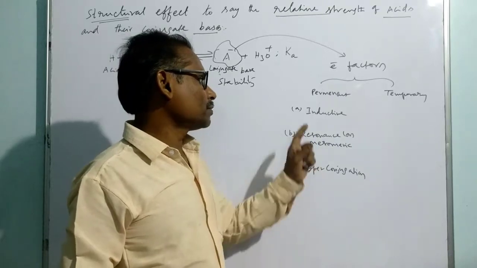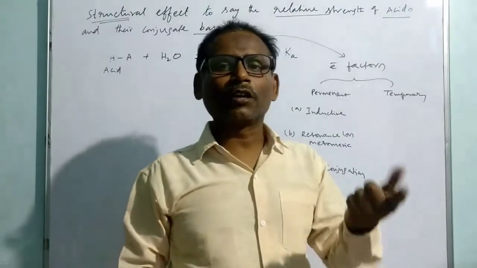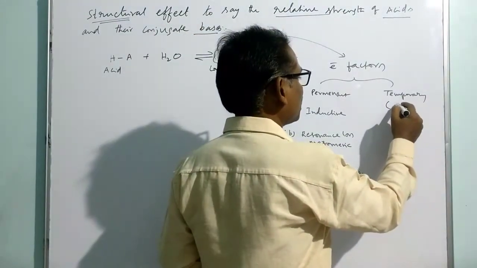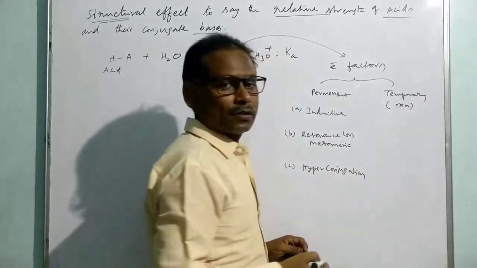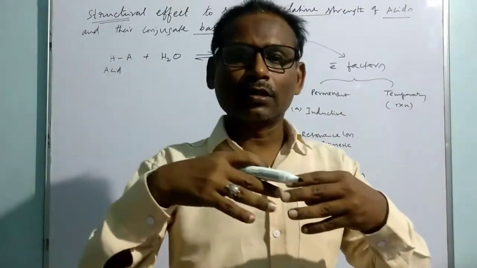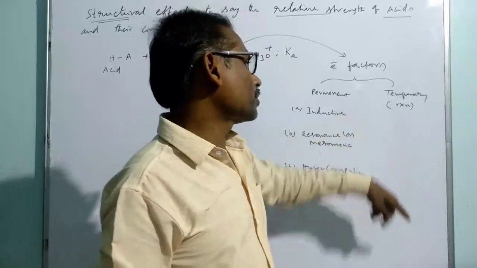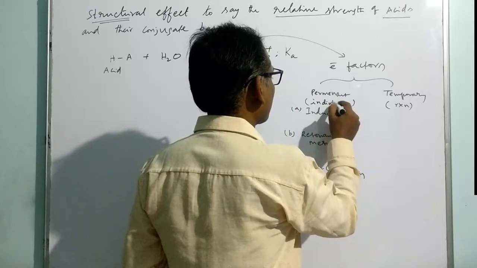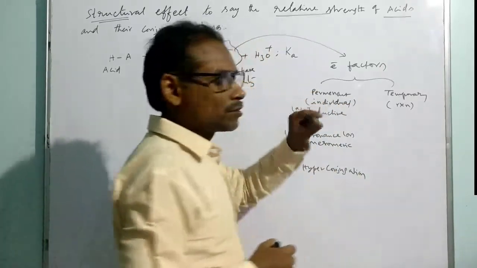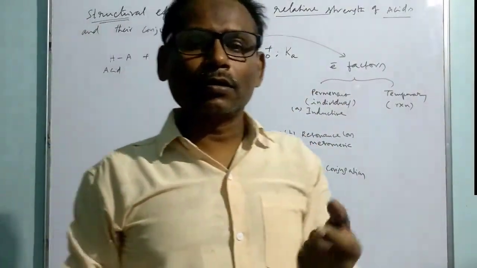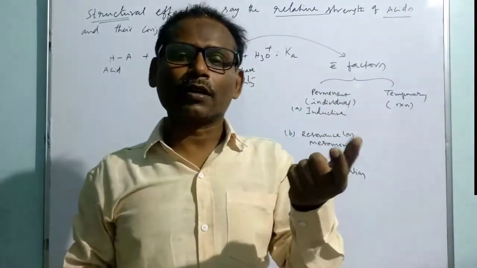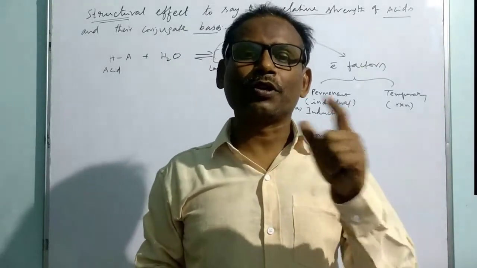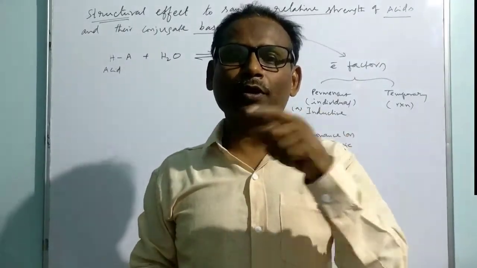Permanent means it happens within that particular molecule, whereas temporary means it happens only at the time of reaction. That means when two species come closer, at that moment these effects will be noticed. But the permanent effects happen for an individual molecule. Even if the species is not involved in a chemical reaction, by analyzing how the atoms are connected in that particular molecule, we can see how the electron is distributed, and how electron is moving from which point to which point.